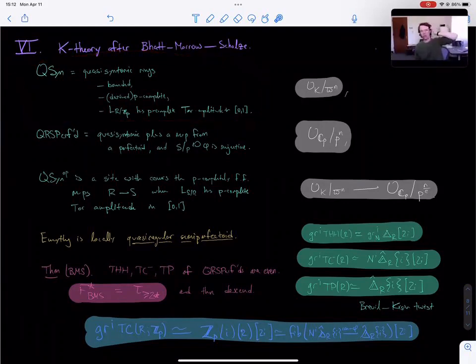So these are certain p-complete rings that are just somehow nice. So they're bounded, meaning they might have p-torsion, but it's bounded p-torsion. So at some point there can be p to the 30 torsion, but then at some point it stabilizes, and there's not p to the 31 torsion that's not p to the 30.